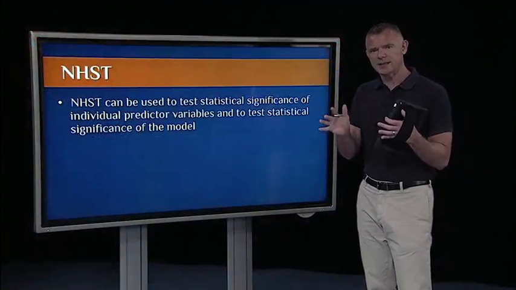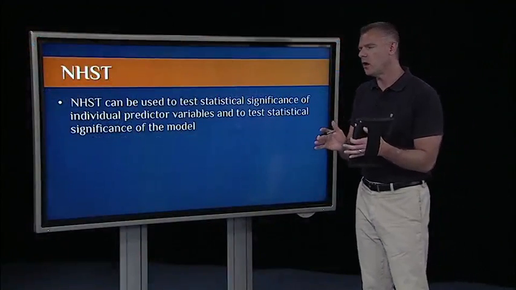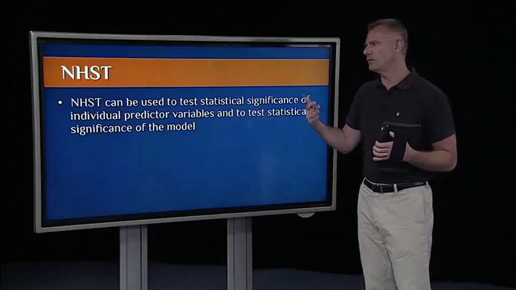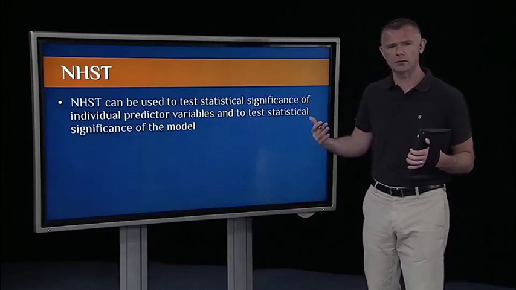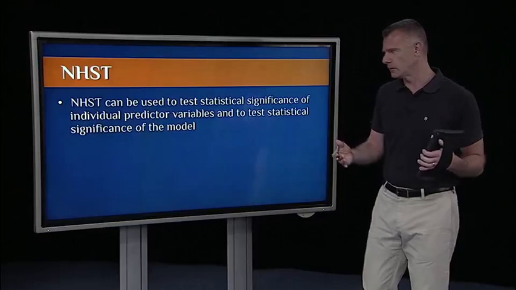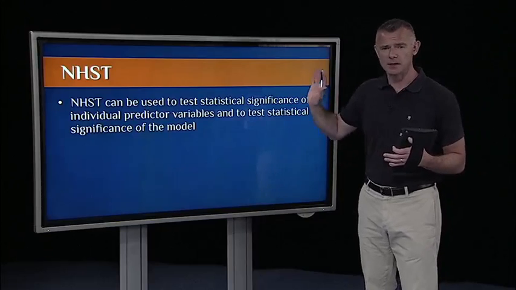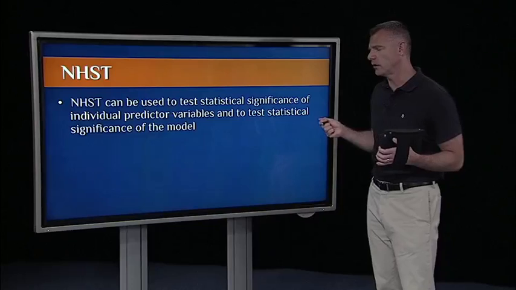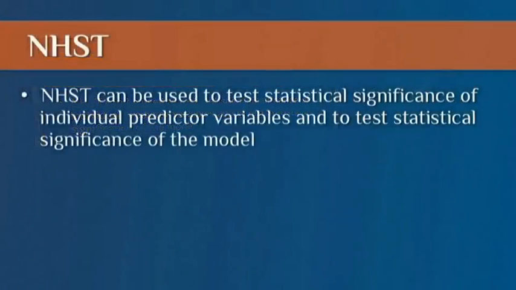But that section of the course is also where we introduced inferential statistics and this idea of null hypothesis significance testing, which is also a really important piece of this course. So null hypothesis significance testing in the context of regression, remember, could be used to test the statistical significance of individual predictors in a model, or it could be used to test the overall value of a model.